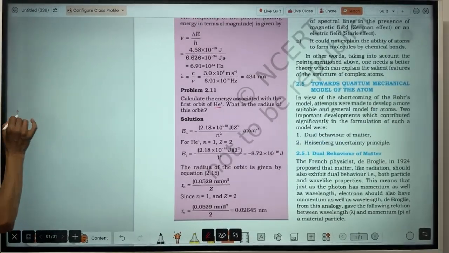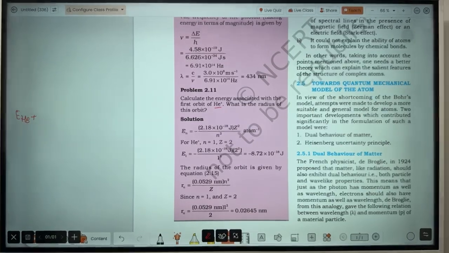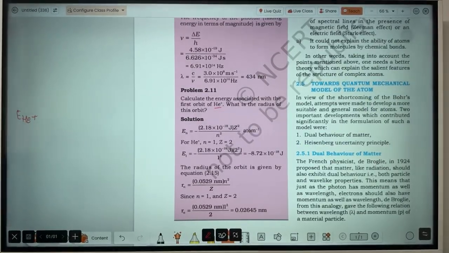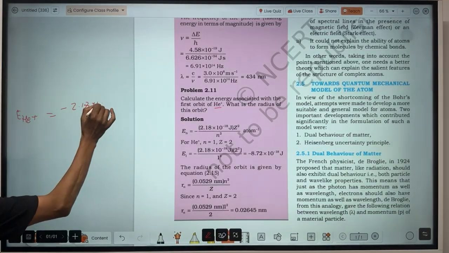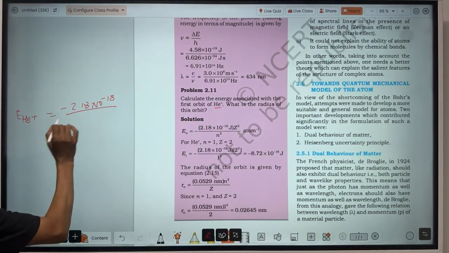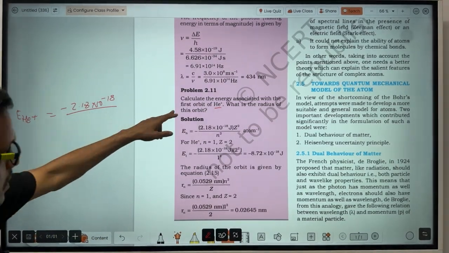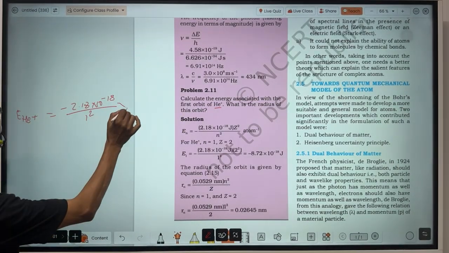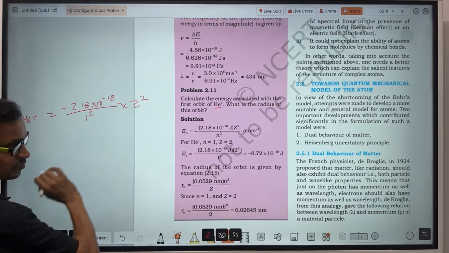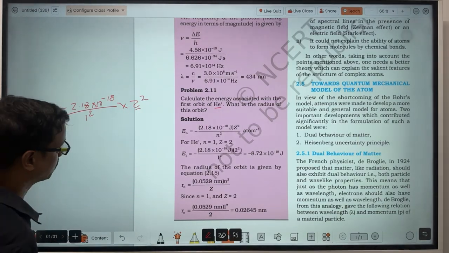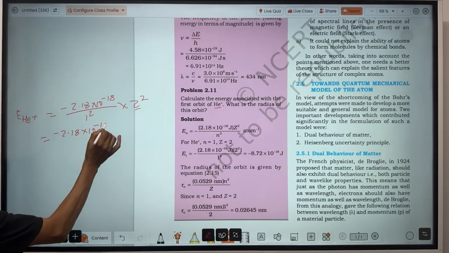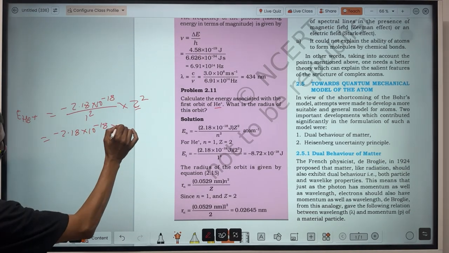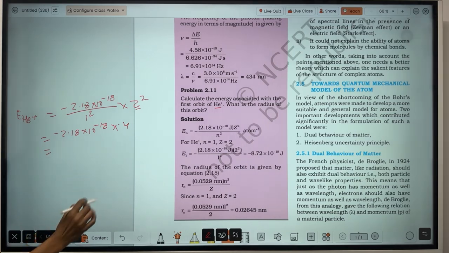So the energy of the electron of He plus equals minus 2.18 into 10 minus 18 upon n square, where n is 1 for the first orbit, so 1 square, into Z square. Z here is 2, so that is 4. Multiply 2.18 into 4.